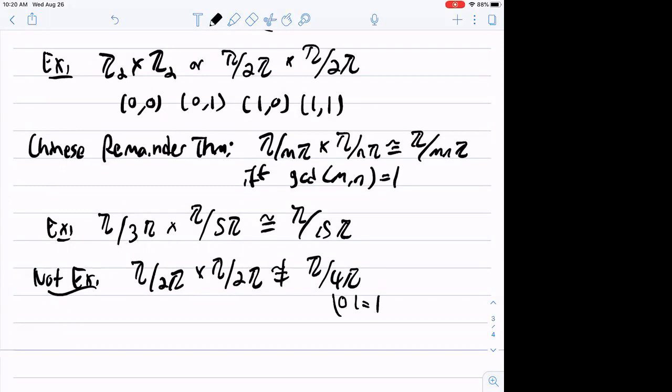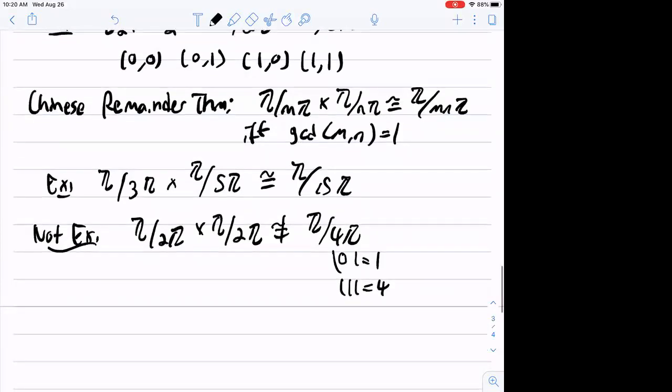The order of 1 is 4, since it generates the whole group: 1 plus 1 is 2, 1 plus 1 plus 1 is 3, and 1 plus 1 plus 1 plus 1 is 0. The order of 2 is 2, and the order of 3, you could check, is 4.